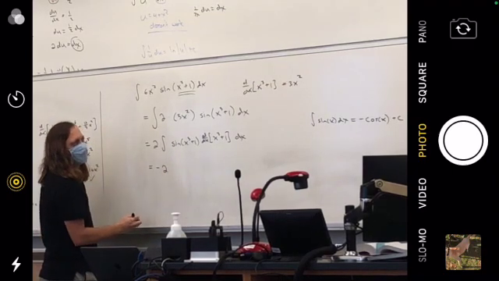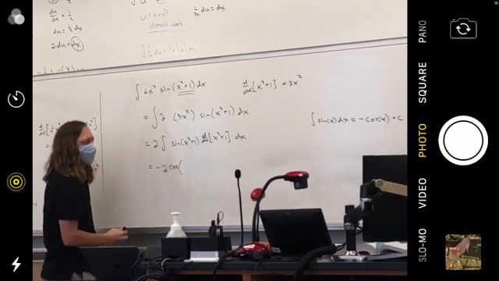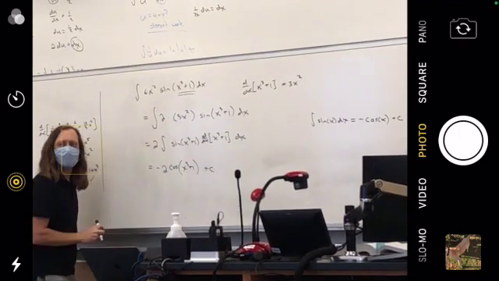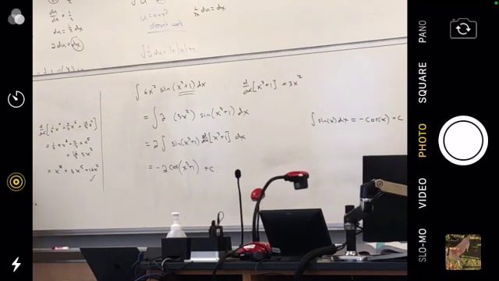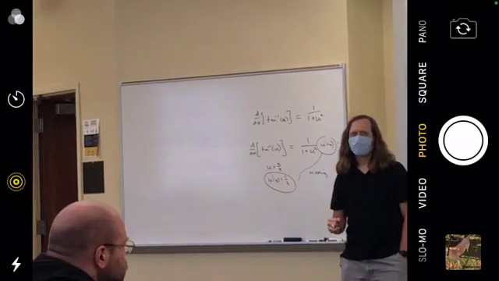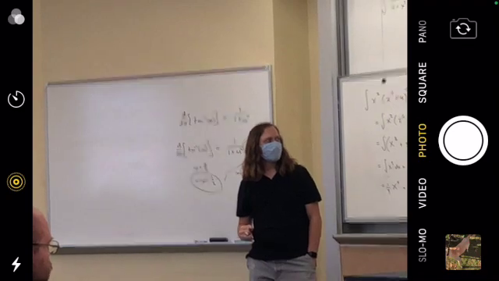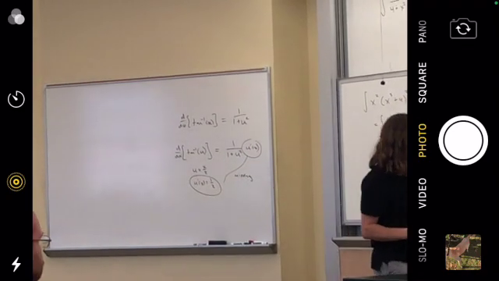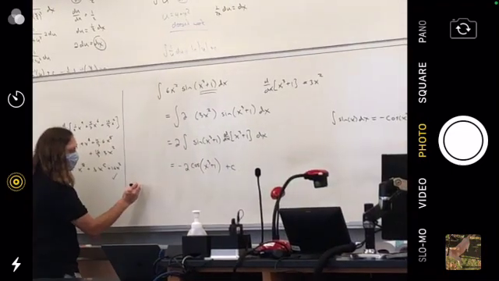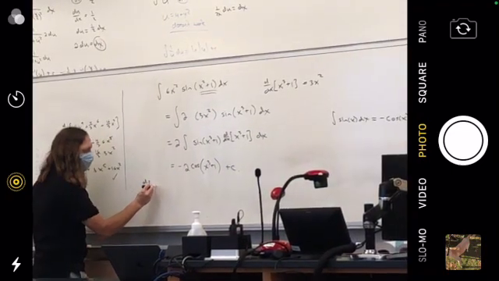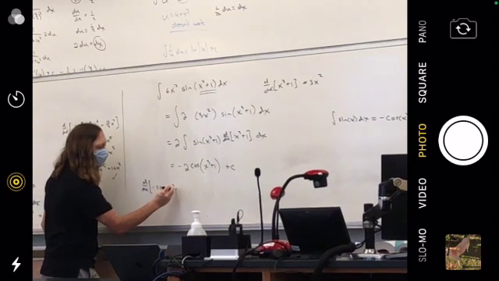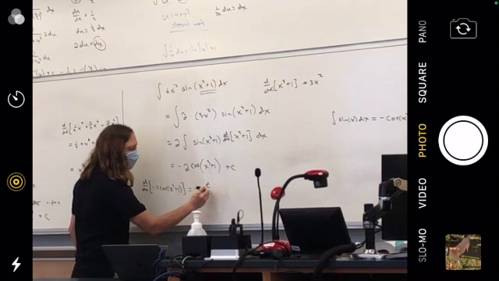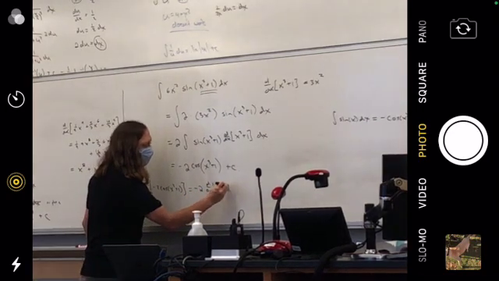-2 cosine. Now instead of writing x, I write my inside function. So if I want to check, find the derivative of -2 cosine of x cubed plus 1. So I get -2 times the derivative of cosine of x cubed plus 1.